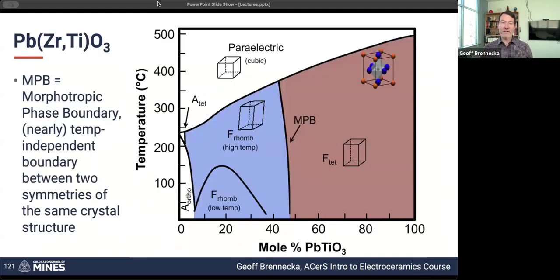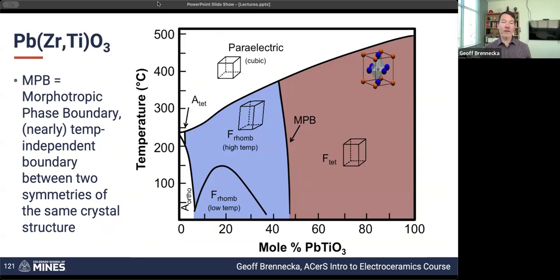All right, so now we get to talk about PZT. It's the example material that we're going to use for a lot of these because it is the classic. It's still the king, even though people have been trying to get rid of lead in a lot of these piezoelectric materials for decades.